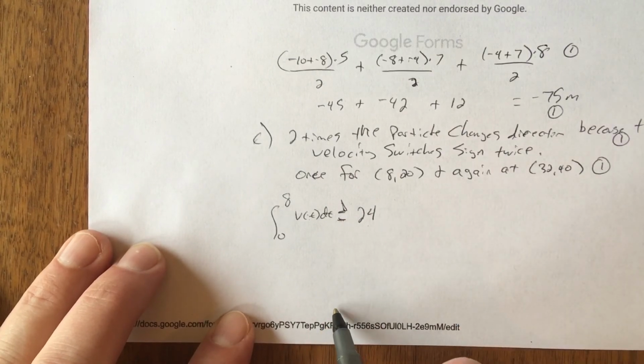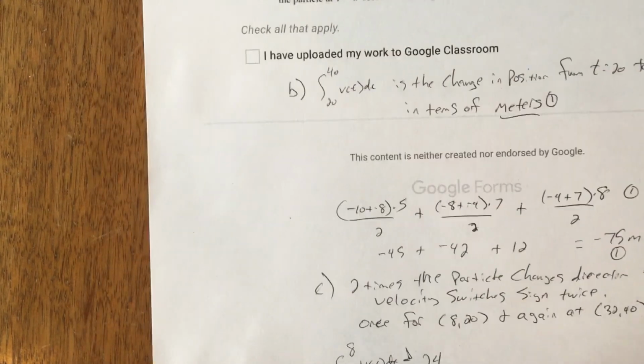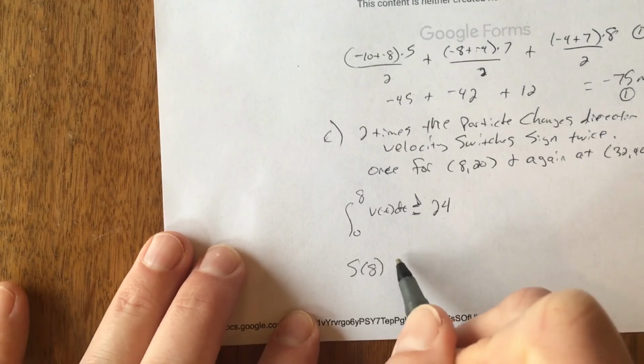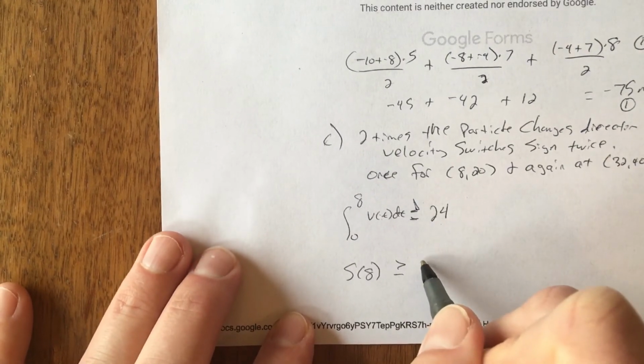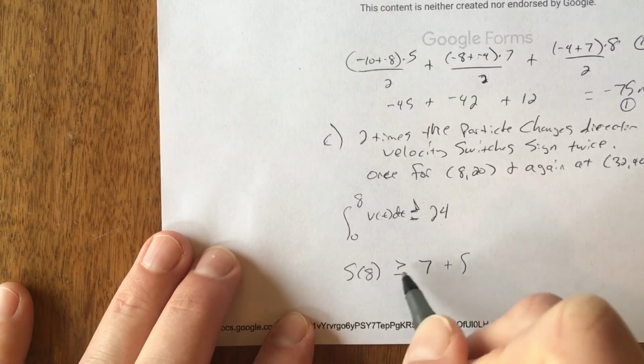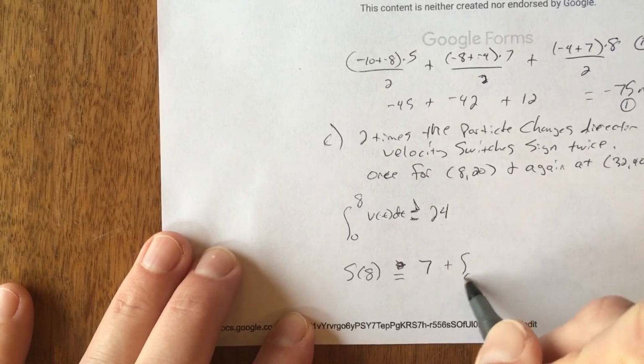All right, and our original position we're told was 7. So the position at 8 seconds has to be greater than or equal to 7, the initial position, plus the change in position.